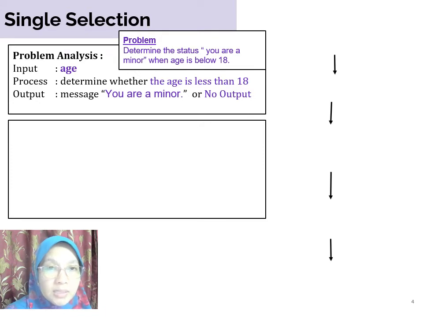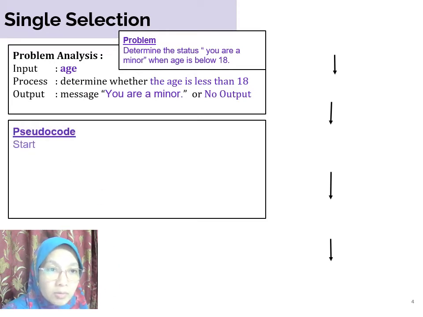Remember, if this case is a selection, make sure your output has two options, with an or between them, because this is a single selection. Either you display the message you are a minor, or do nothing, which means you just write down no output. This shows that this problem is a single selection.